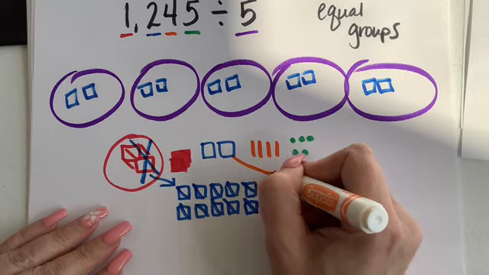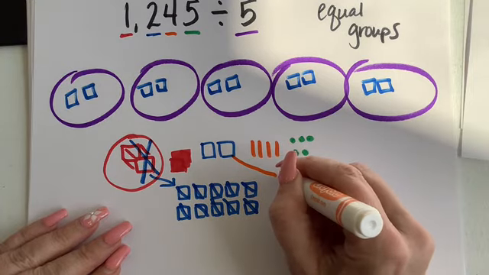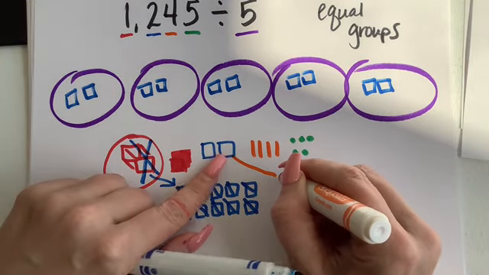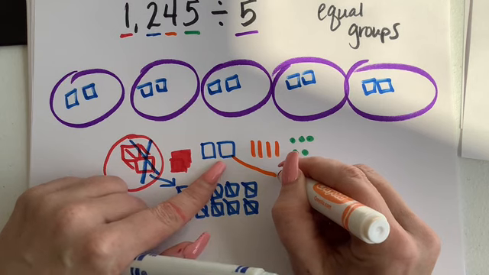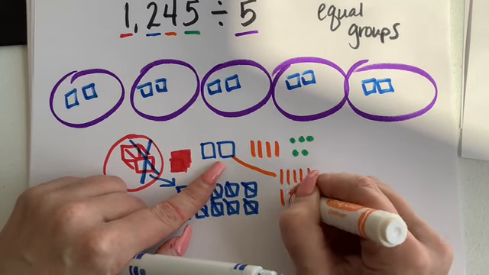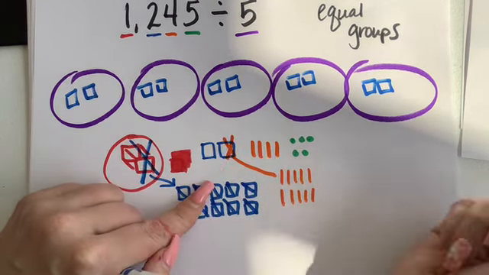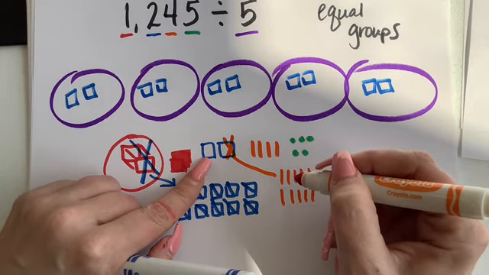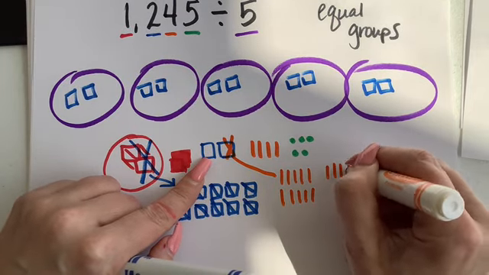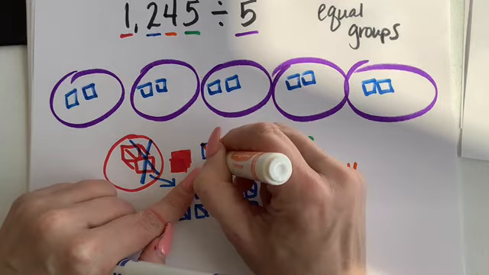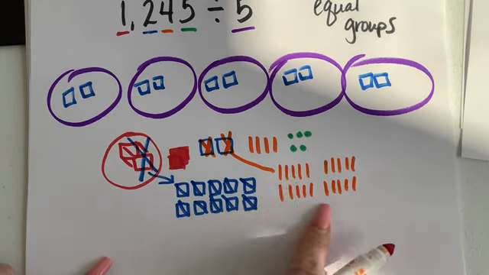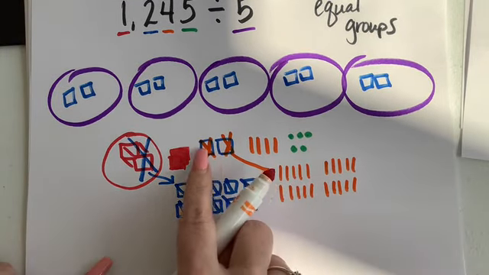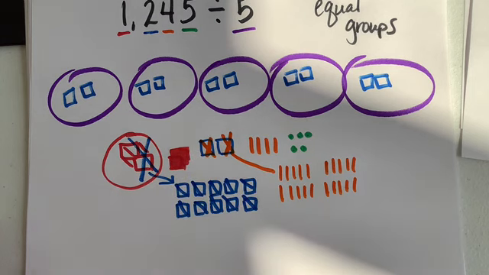Absolutely. I'm going to have to exchange them for tens. So how many tens is in our first 100? Absolutely, there's 10. And how about in our next one? Absolutely. So we were able to get 20 tens for our 2 hundreds.